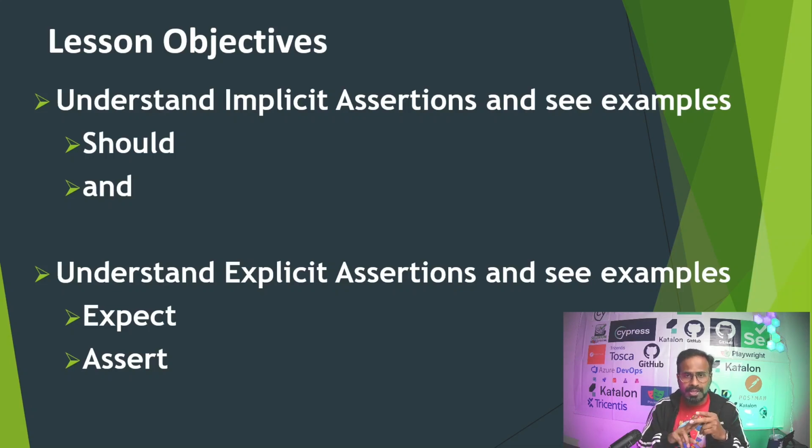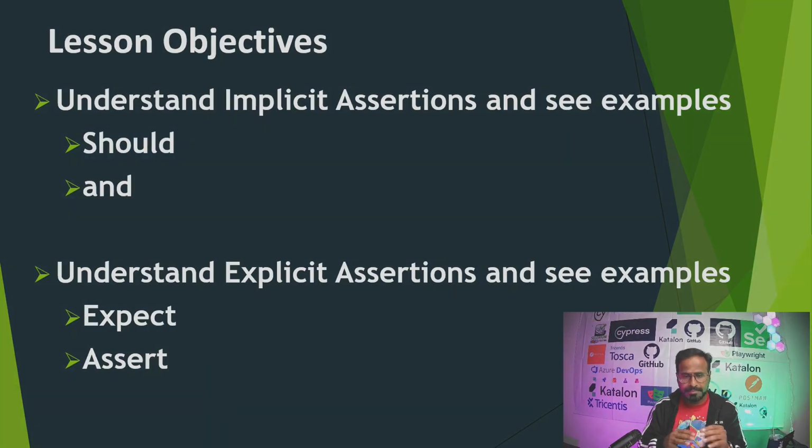How can we use these two assertions while automating our test cases? So now without delay, let us jump onto the system and see how we can implement these implicit assertions and explicit assertions by using Cypress automation tool while automating our test cases.